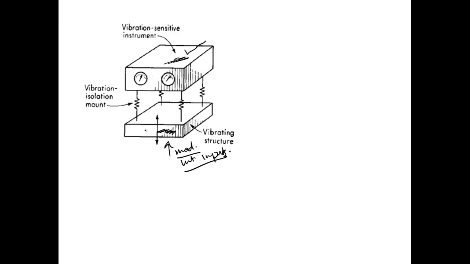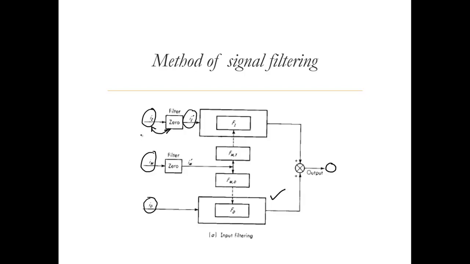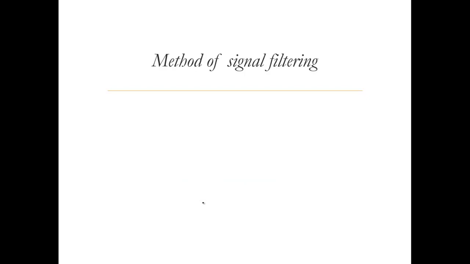So even if the structure or the base is vibrating, those vibrations are least transferred to the instrument, so our instrument is able to measure things correctly. This is what is meant by this. So at the input level only, you are trying to zero it out with some components which could be mechanical or electrical, and which zero out the effects of those spurious inputs on the instrument, and then we have a pure output which corresponds to the desired input.